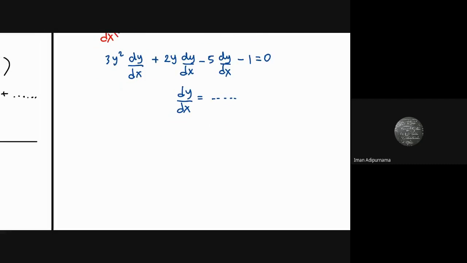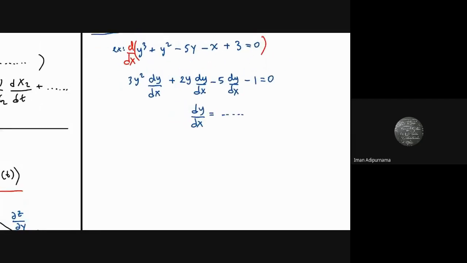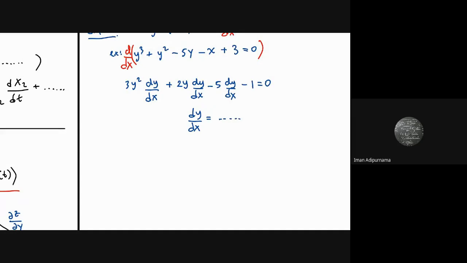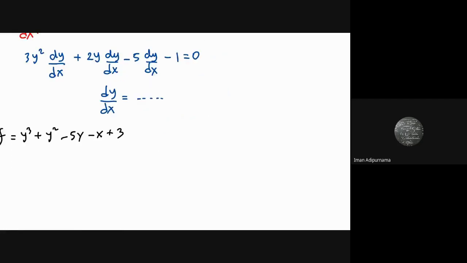Okay, we can write this equation in terms of a big function f. Let me write it one more time. And we can write it in terms of a tree diagram actually.